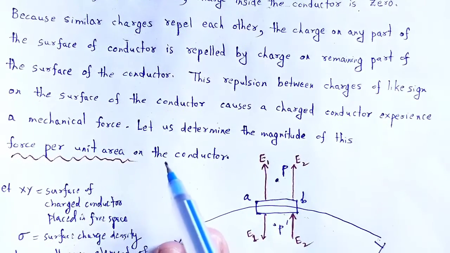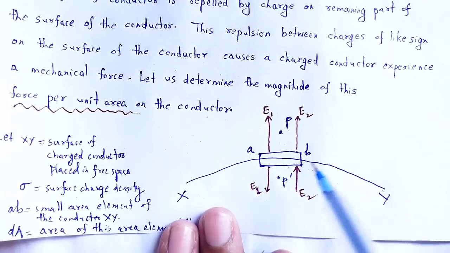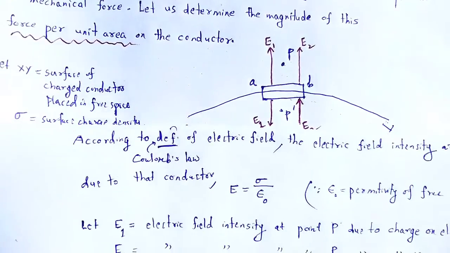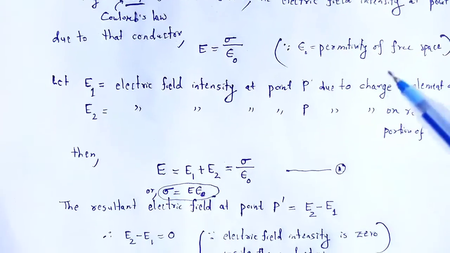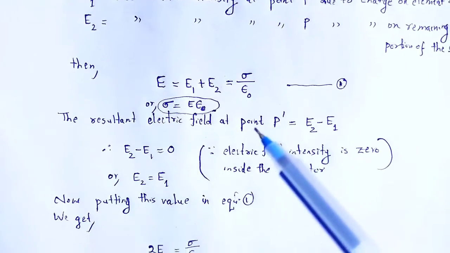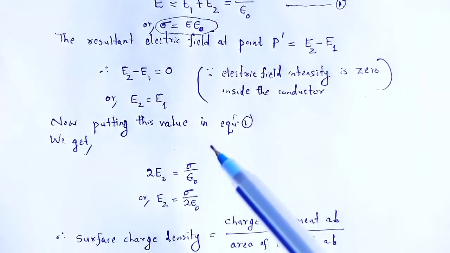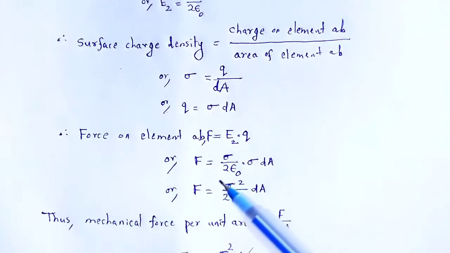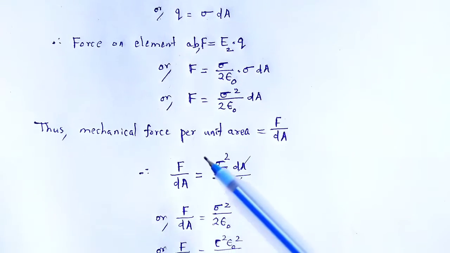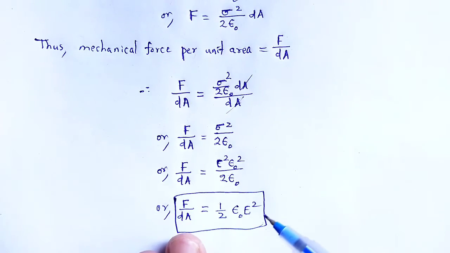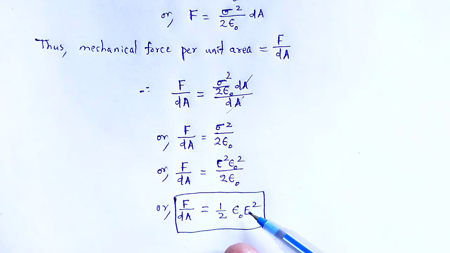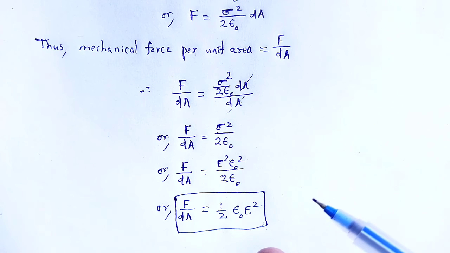Here we calculated the mechanical force per unit area by taking the electric field intensity, and the points P and P dash. Simple mathematics. So the force per unit area is half epsilon naught E square. Epsilon naught is the permittivity of free space, and E is the electric field intensity.